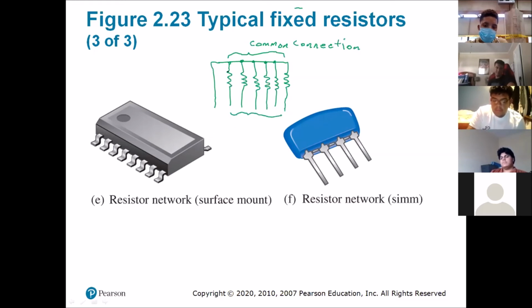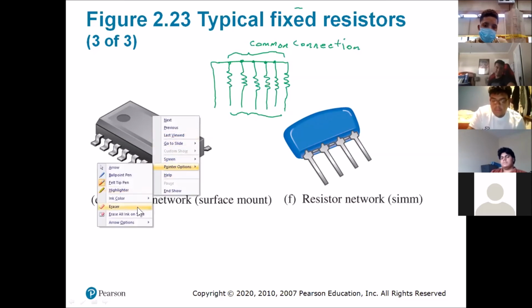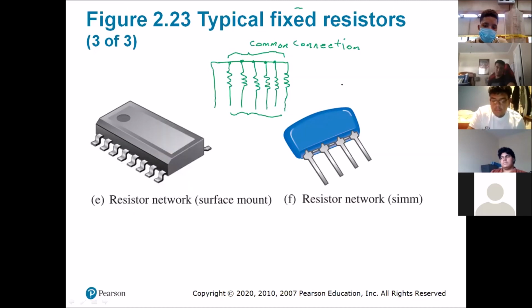So if we looked at the resistor network labeled SIM, and envision what's inside, you might see something like that, where this is the common connection, and this would be resistor 1, resistor 2, resistor 3.